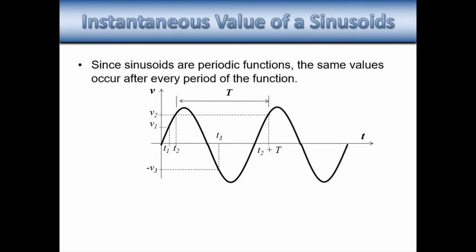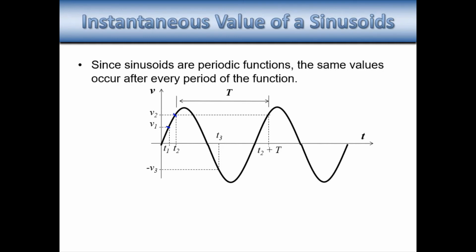Now, since these sinusoids are periodic functions, they keep repeating themselves, so an instantaneous value exists at some other time. What do we mean by this? For example, v sub 1 is a value at t equals t sub 1, and another instantaneous value v2 exists at time t sub 2.